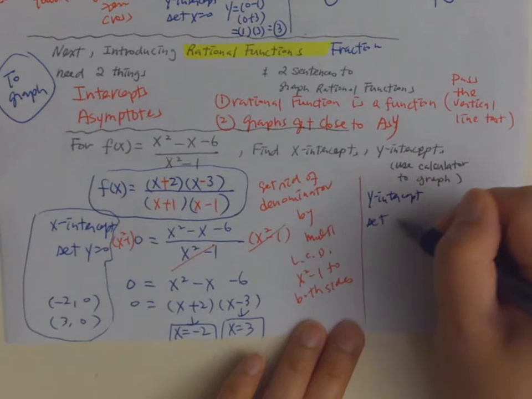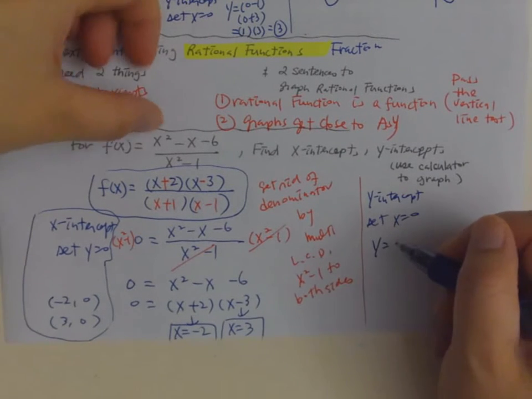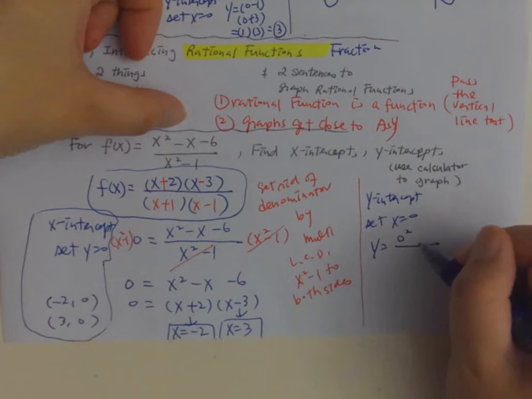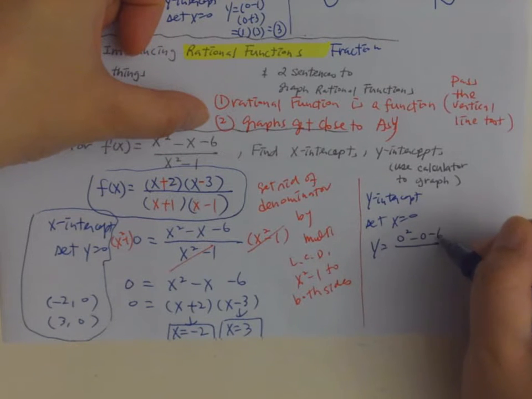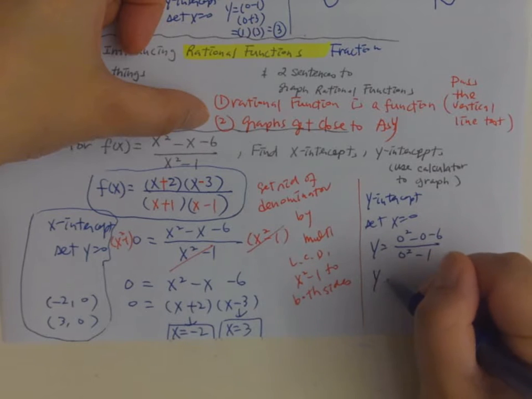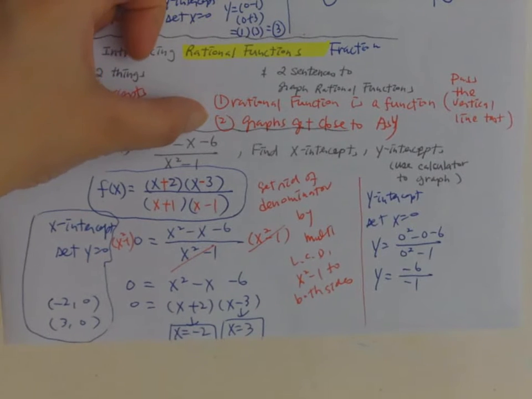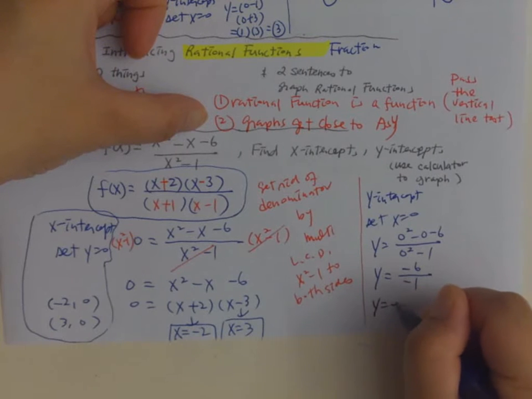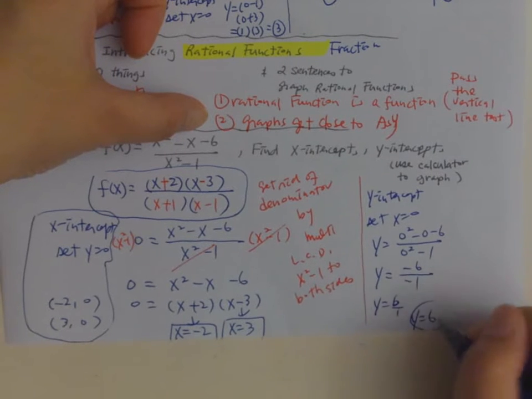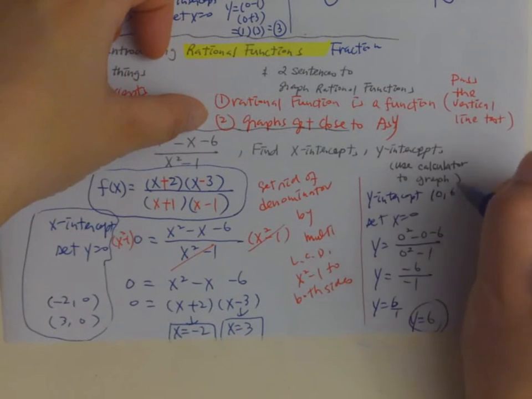We set x equal to 0. So we got y equal to 0 squared minus 0 minus 6 over 0 squared minus 1, right? So we got negative 6 on top, negative 1 at the bottom. Negative times negative is positive. So 6 over 1 is just y equal to 6, right? So my y-intercept is going to be 0, 6.